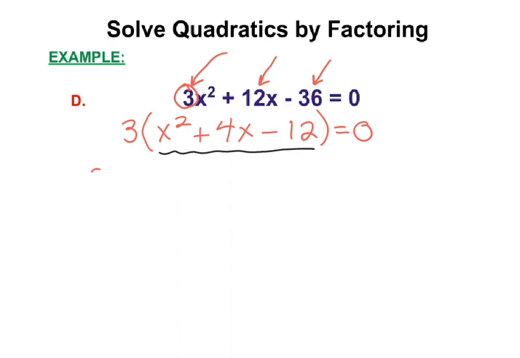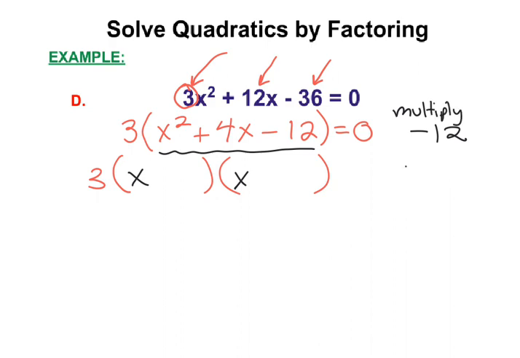I do have that 3 on the outside, but I can factor that inside parentheses. So x and x, and then as in the last example, I want numbers that multiply to be negative 12, but add up to positive 4.